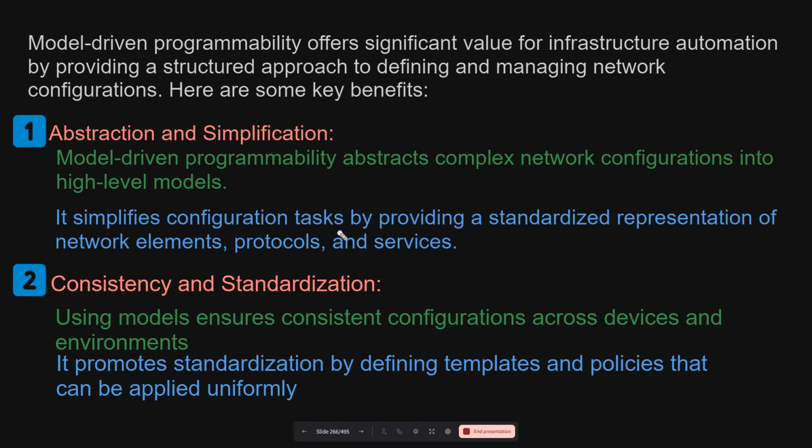It simplifies the configuration task by providing a standardized representation of network elements, protocols, and services. There are some levels of abstraction, and by that, it can provide the automation. We'll see that.